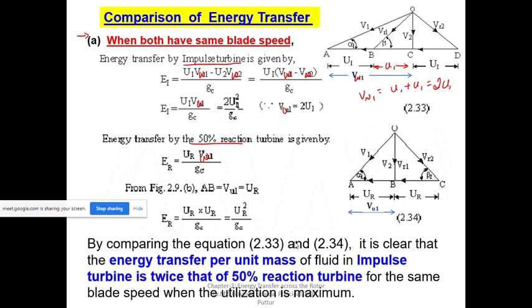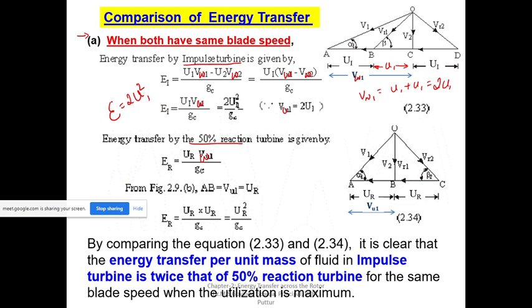By comparing equation 2.33 and 2.34, it is clear that the energy transfer per unit mass of fluid in impulse turbine is twice that of 50% reaction turbine for the same blade speed when utilization is maximum. Are you understanding here? What is the energy transfer for impulse turbine? It is 2u1 square.